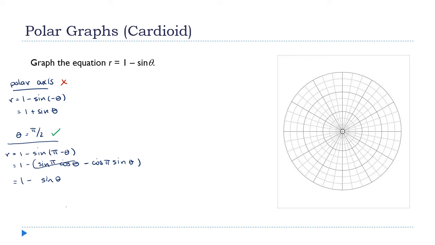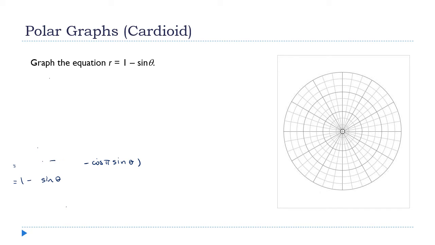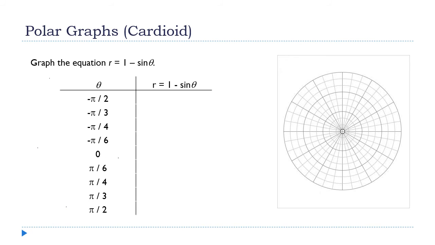Now I'm going to pick points. That's kind of what I'm down to. So here's what I'm going to do. I'm going to clean this up just a little bit, so we've got room to work with here. And I'm going to make a table, because that's still really the best thing we have to work with here.